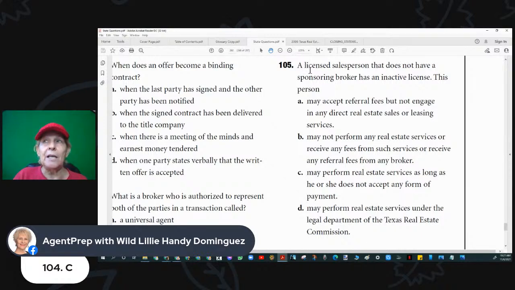Okay, so if you're a licensed salesperson, but your sponsoring broker has an inactive license, then what can you do? So you're active. However, your broker, where we hang our license, right, is not active. That broker is inactive. So we're an associate to the broker.